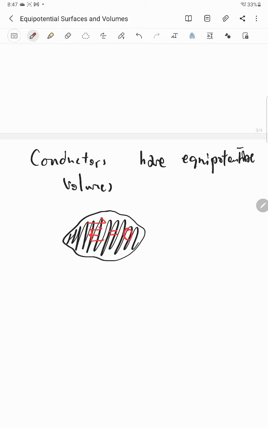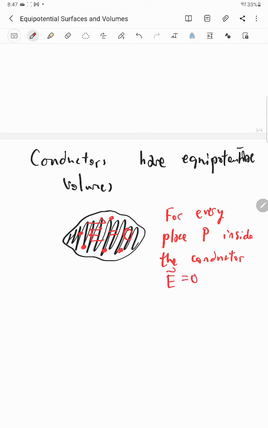So what this means is that for all of the various places inside of this conductor, these are all different places, right? For all of those various places, the potential is the same. So for every place P inside the conductor, E is 0.